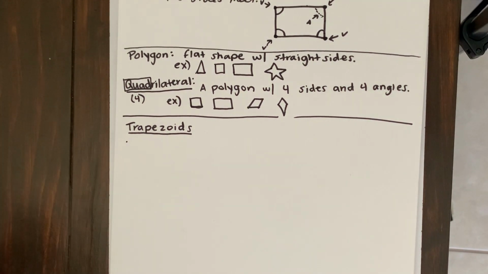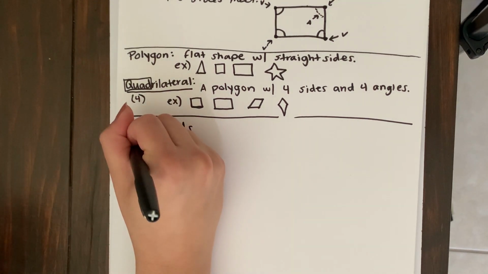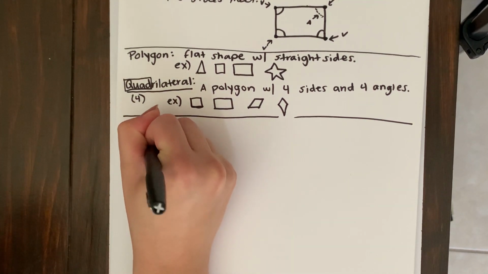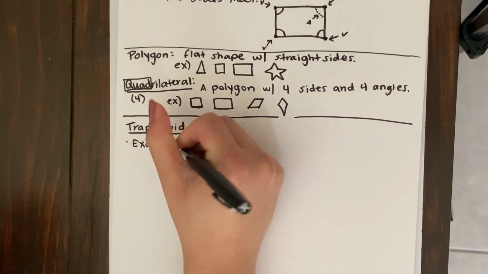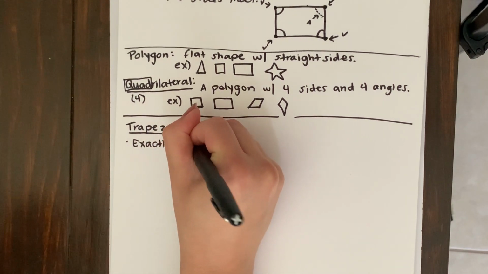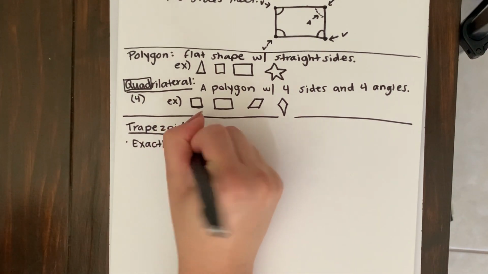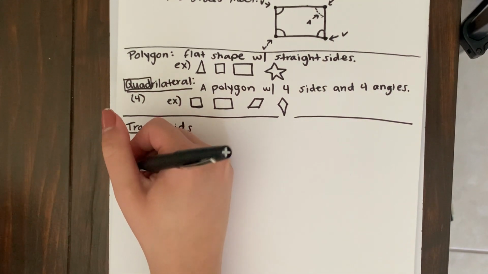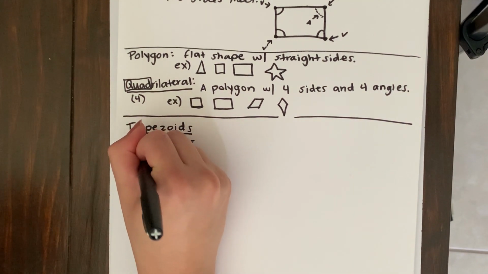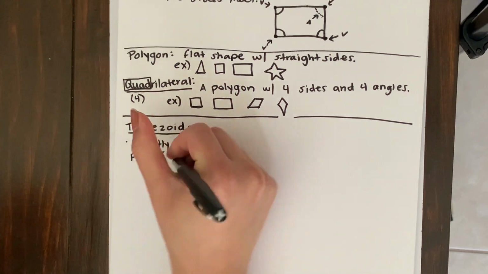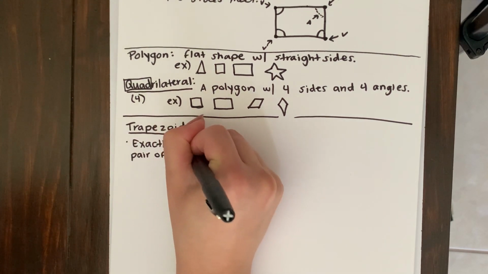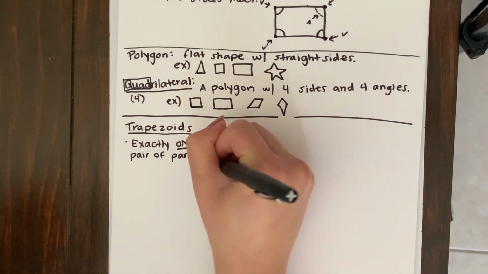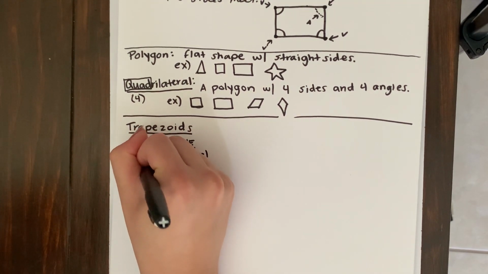A shape that wants to go to the trapezoid club also has to have exactly 1, and I put that in all capital letters because it's so important, exactly 1 pair of parallel sides.